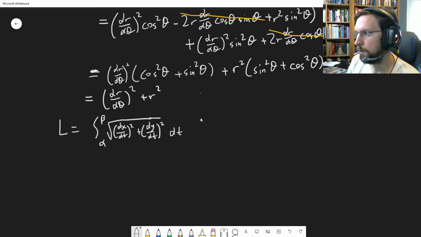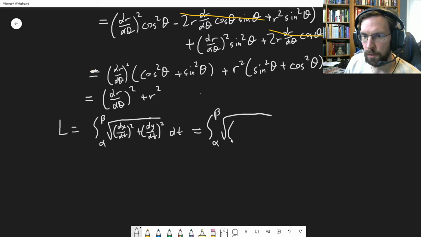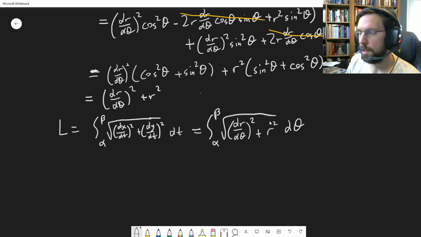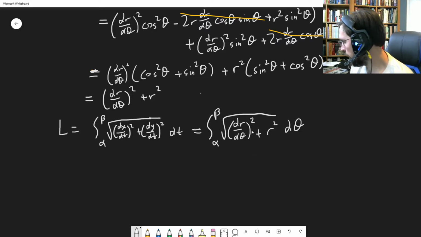But if we think about theta as a parameter, this now becomes the integral from alpha to beta of our polar form, which we just computed, the square root of (dr/d theta) squared plus r squared, d theta. Okay, so there's no need to actually convert to parametric form when we have this nice polar form.